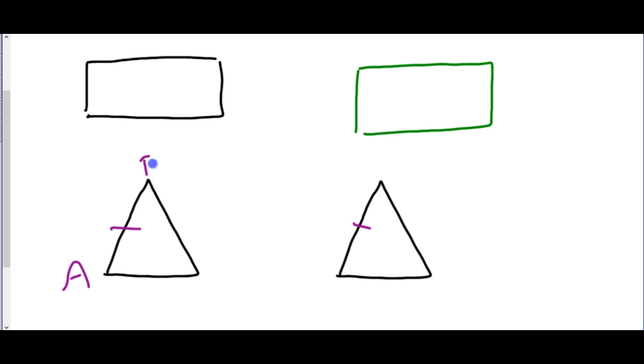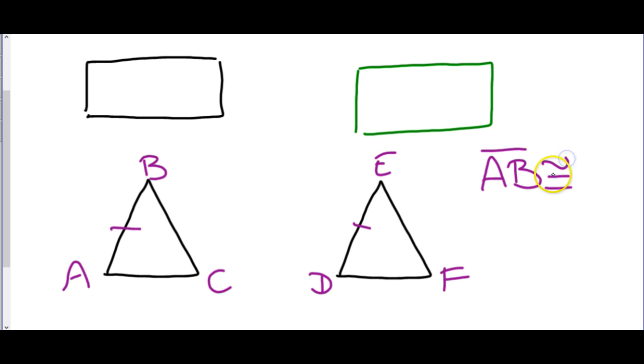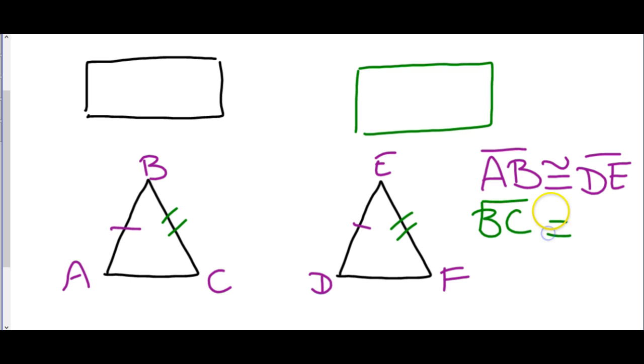Let's give these triangles some names so we can work with them. So with that one marking, I can say, okay, side AB, well, that's the same, which we use the congruent symbol since we're talking about a shape, as side DE. Well, let's do another mark. Let's say I mark BC is the same as EF. So now I can say those are the same.